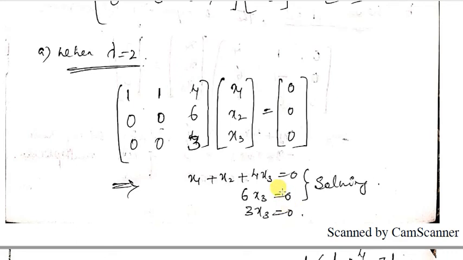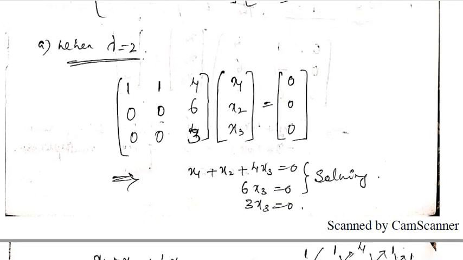So to find x1, x2, x3, it is enough to consider any two equations. So obviously we can consider the first equation and the second equation, or first and third.